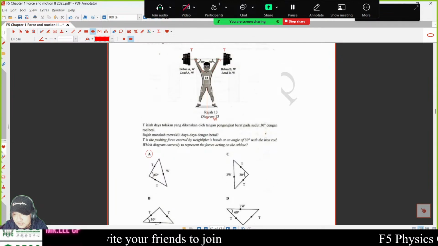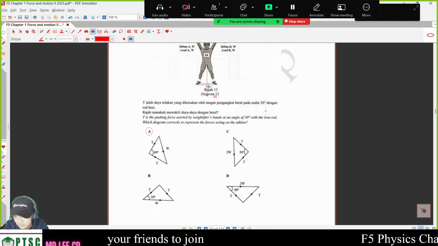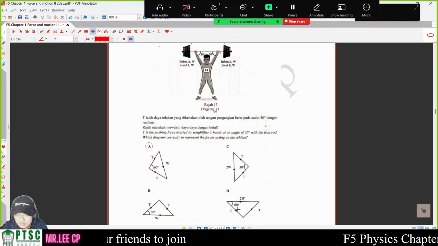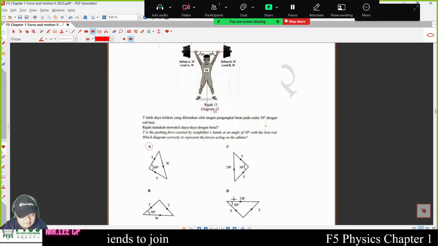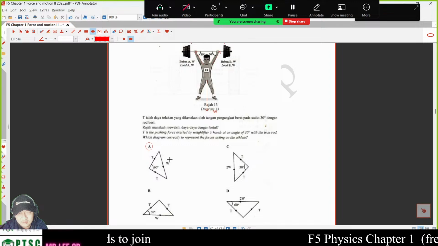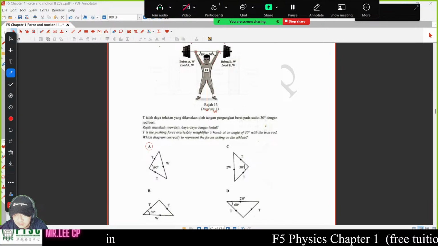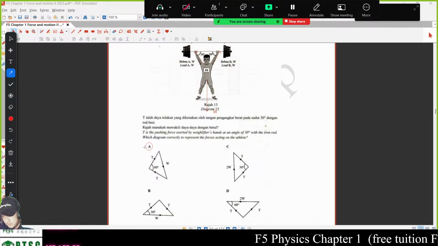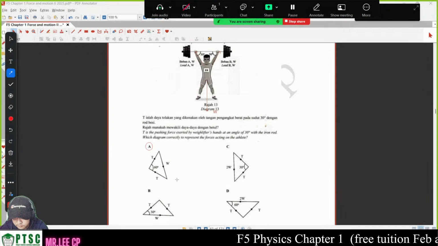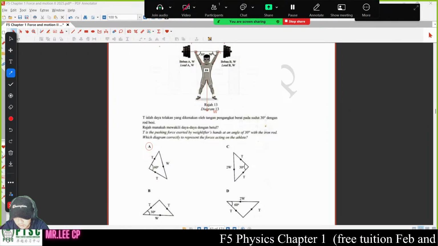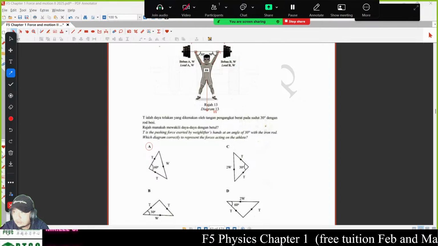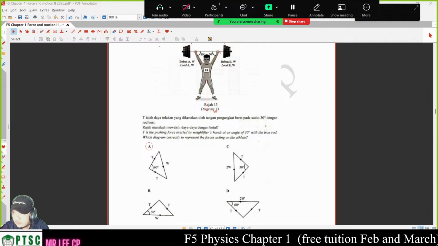T1, T2. Wrong. Where is it correct? This one is wrong. I put it this way because this one is supposed to be like that. Okay, never mind. It's supposed to be this way.